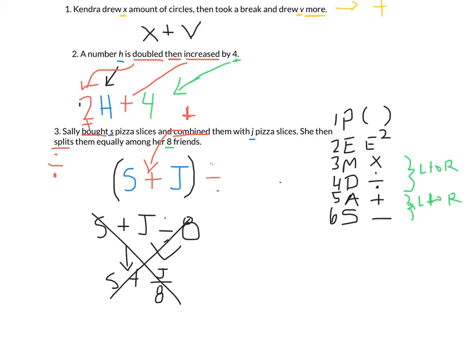And she split them up amongst her 8 friends. So then when we go to solve, we solve in the parentheses first and then divide it out by 8. It's not S plus J divided by 8 like we showed down here, because that would be J divided by 8 plus S. So I hope that one makes sense.